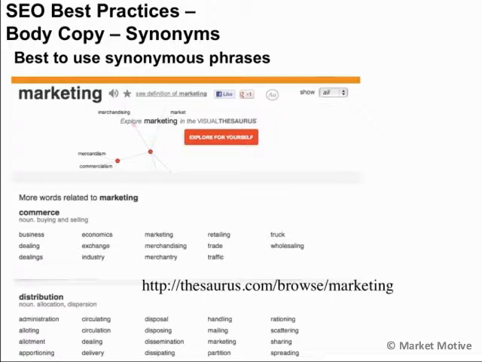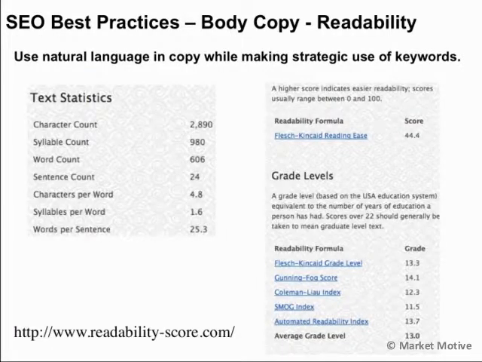So check out the visual thesaurus. Nice helpful tool when you're doing your SEO copywriting. Another excellent tool when you're doing your copywriting is Readability-Score. This shows the grade level for your writing. It shows you the character count, the syllable count, word count, etc. Lots of interesting little tidbits here on the way that people read your content and the grade level that it's geared toward.